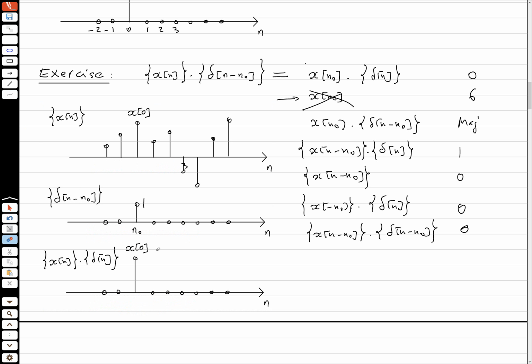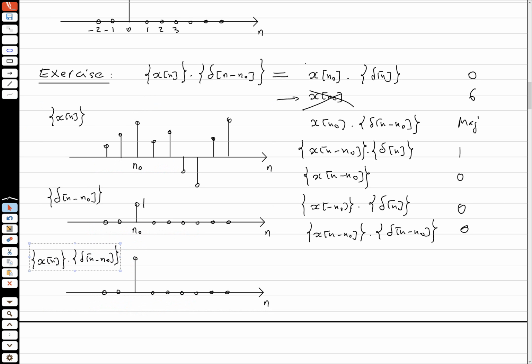Of course, you need to plot the two sequences synchronized. So you're going to get n naught here, and then n naught plus 1, n naught minus 1 here. So what is going to be this sequence?